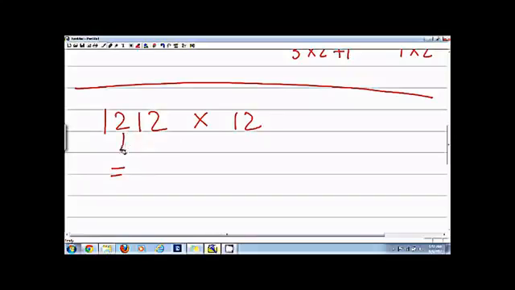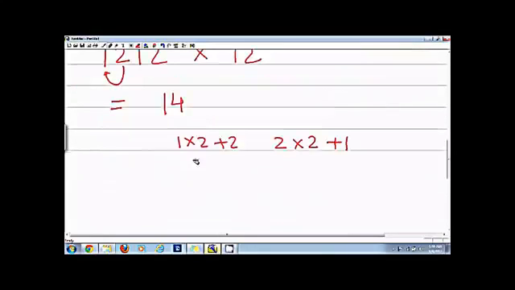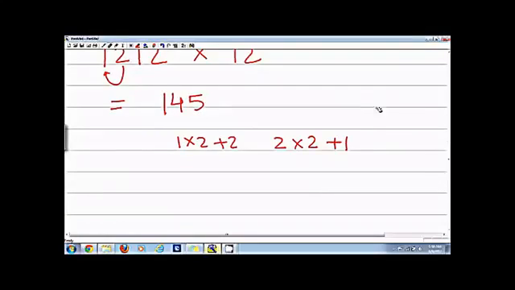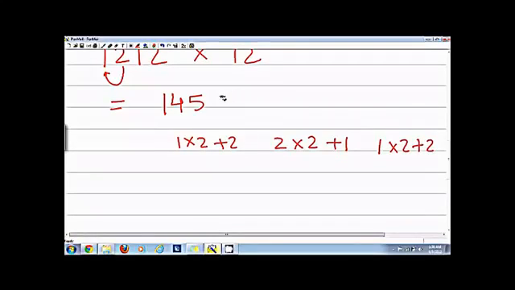First I will write 1 here because the first digit is 1, and then I'll say 1 into 2 plus 2, that is equal to 4, and then 2 into 2 plus 1, that is equal to 5, and then I'll say 1 into 2 plus 2, that is equal to 4, and then 2 into 2, that is equal to 4. So the answer is 14544. So I can check if my answer is correct.